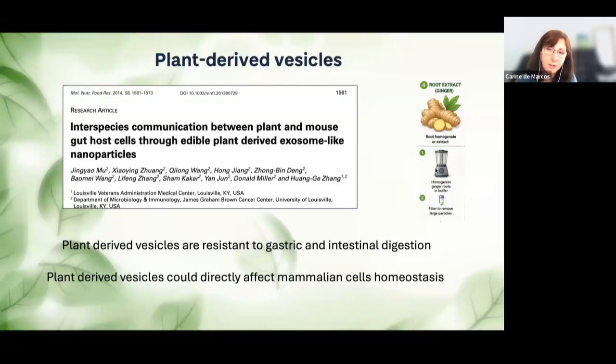And I'm going to talk a little bit about the extraction protocols, but this was the first paper that demonstrated that these plant-derived vesicles are resistant to gastric and intestinal digestion, and that plant-derived vesicles could directly affect mammalian cell homeostasis. So that was a very exciting point in the field to show that there is cross-kingdom communication between plants and humans. And mice, so mammals.